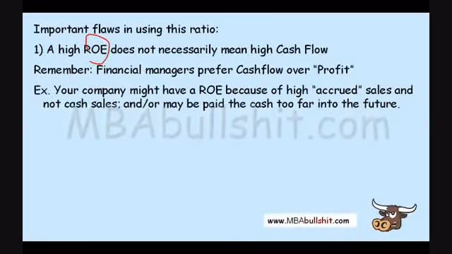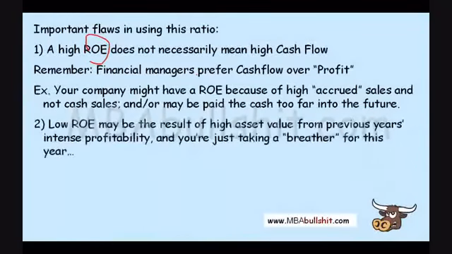So your company might have a high ROE because of high accrued sales and not cash sales, or the cash from these sales might be paid to the company very far into the future. It's important to note that.